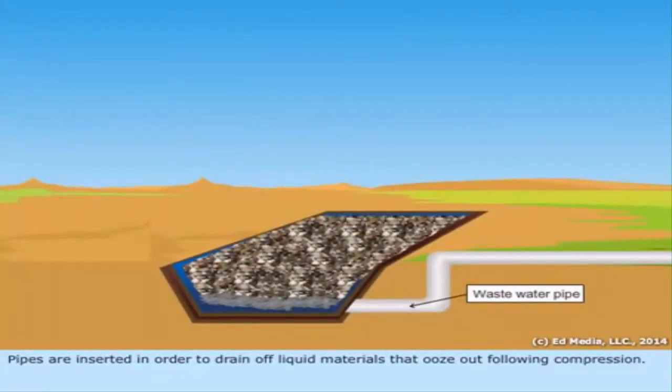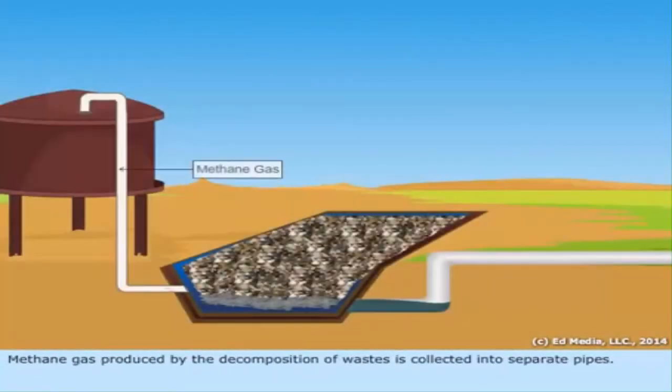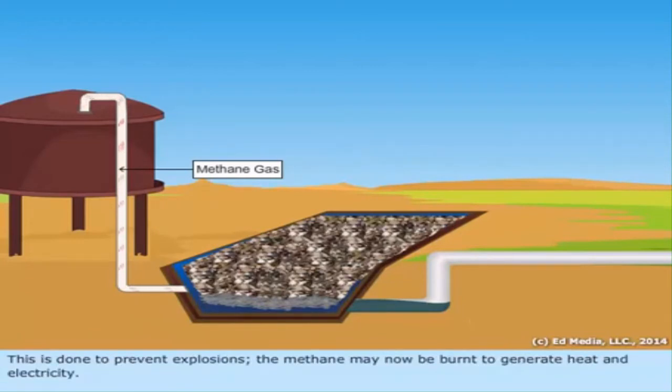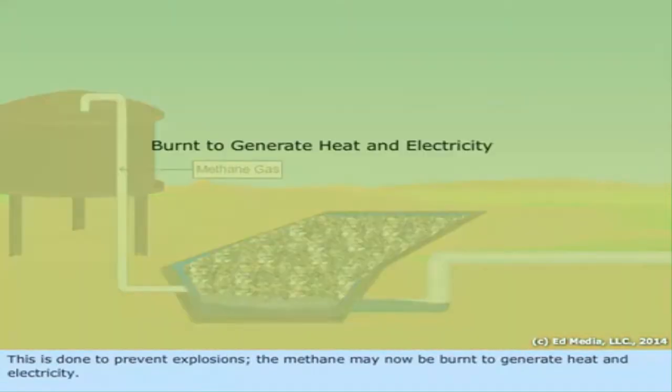Pipes are inserted in order to drain off liquid materials that ooze out following compression. Methane gas produced by the decomposition of wastes is collected into separate pipes. This is done to prevent explosions. The methane may now be burned to generate heat and electricity.